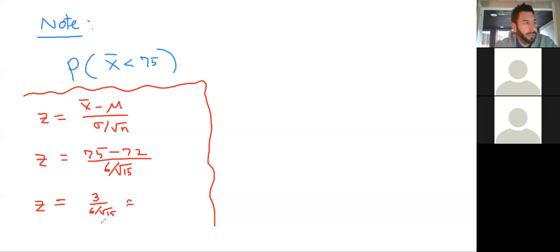If you go to a calculator, you can compute what this number is.